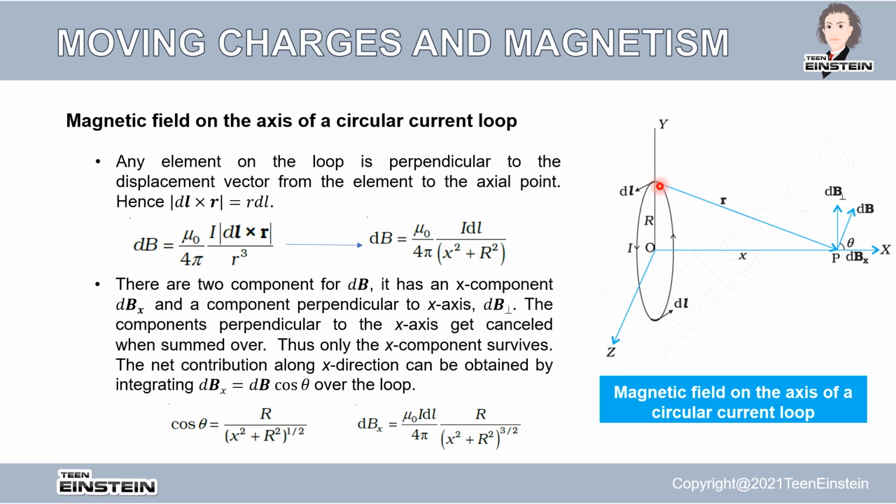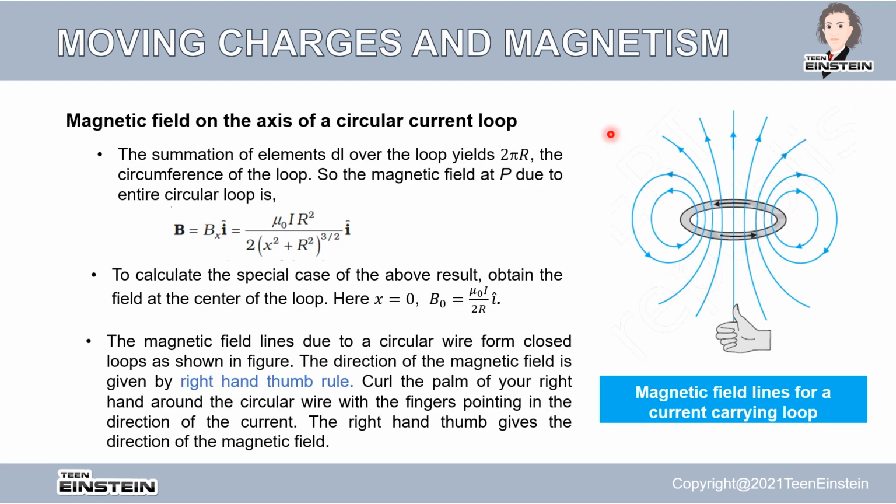If you want to find the x component, the summation of the x component over the whole loop, then we have to replace this dl by the circumference of the loop, which is nothing but 2 pi r. So the summation of elements dl over the loop yields 2 pi r, the circumference of the loop. So the magnetic field at P due to the entire circular loop is given by B equal to Bx i cap, where i cap represents the x direction.